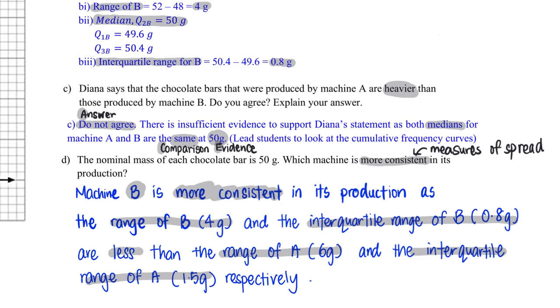Okay? So if I follow my structure again, the A structure, I will first, of course, have to answer the question. Then I will need to have some form of comparison. So in this case, I compare their range and interquartile range, and I have the comparison word less than.